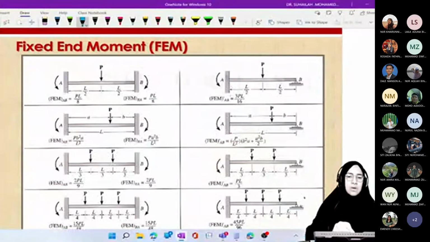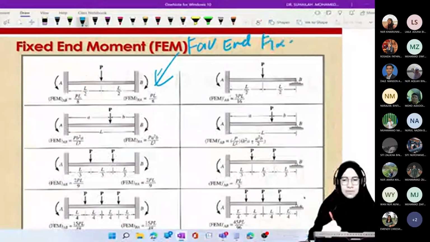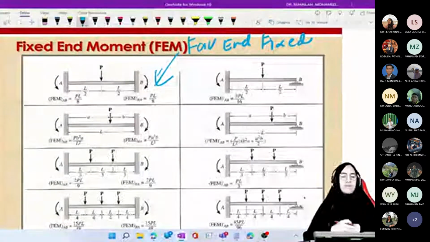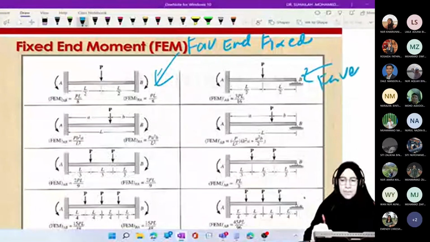The first column is for both ends fixed, or we call it far end fixed. The second column is for far end roller or pin, the same.